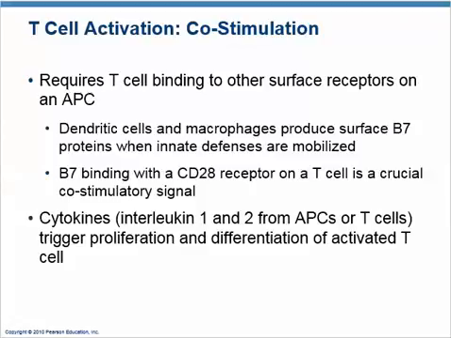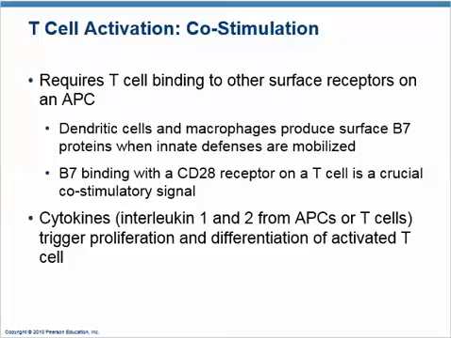And it does it with, so the T cells are co-stimulated by the antigen presenting cell.